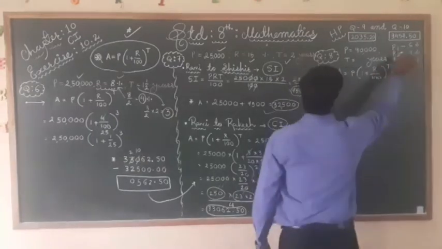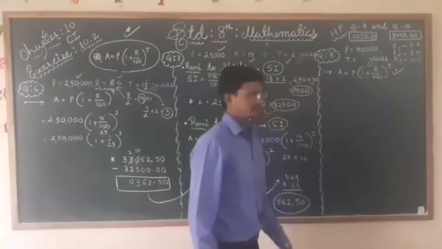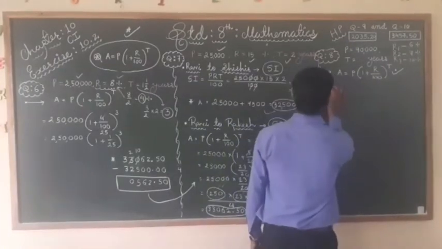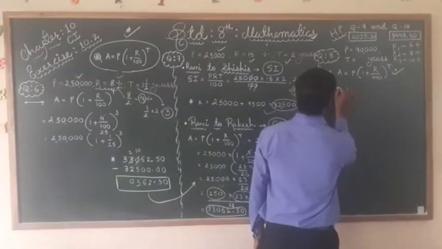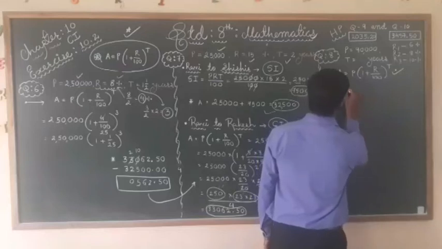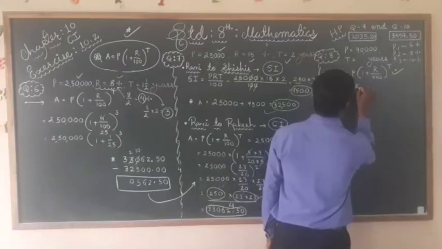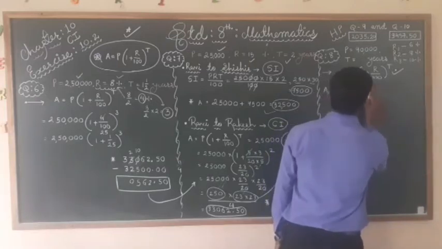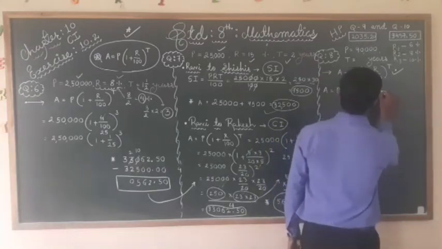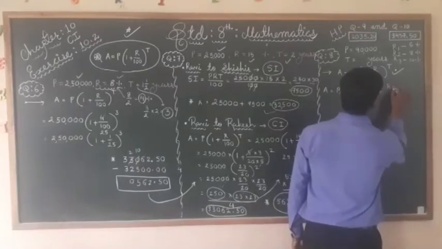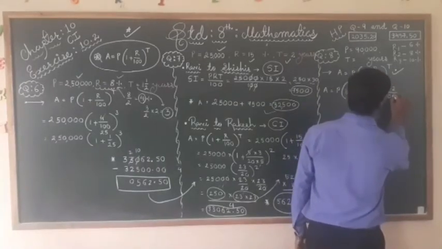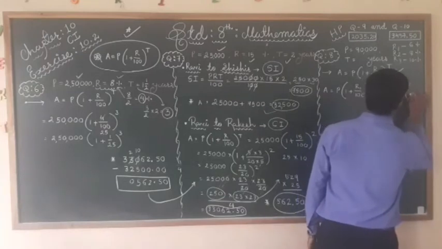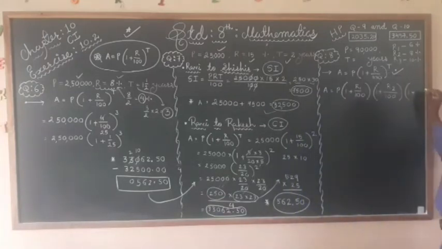Now here, because 3 different rates are given, another formula we will use: A = P(1 + R1/100)(1 + R2/100)(1 + R3/100).